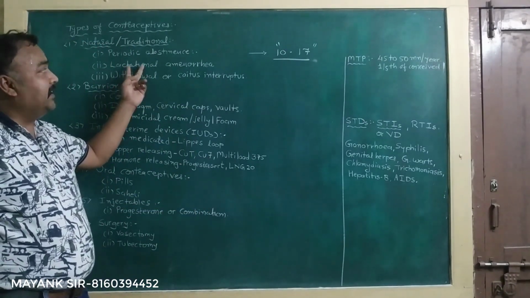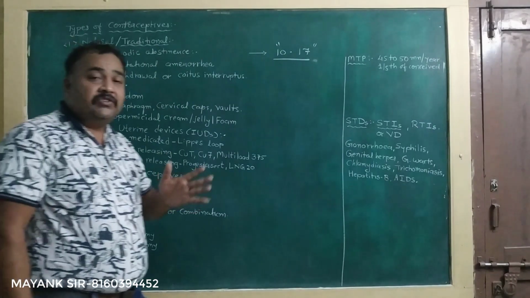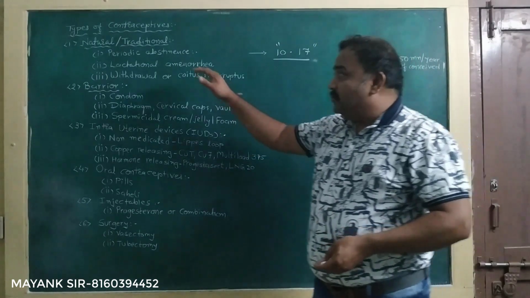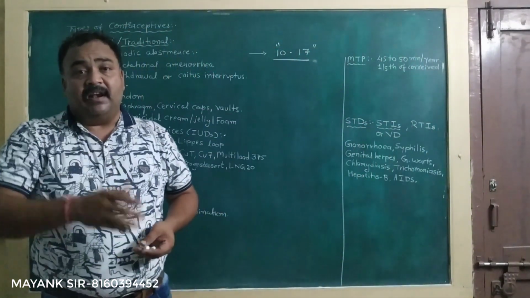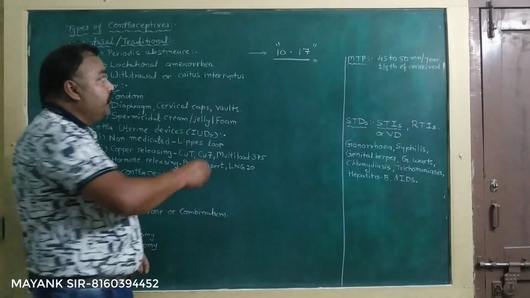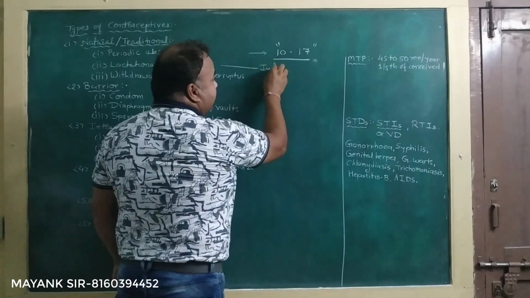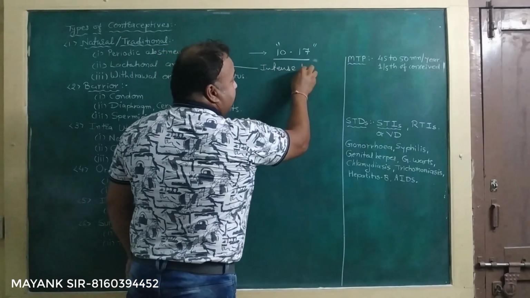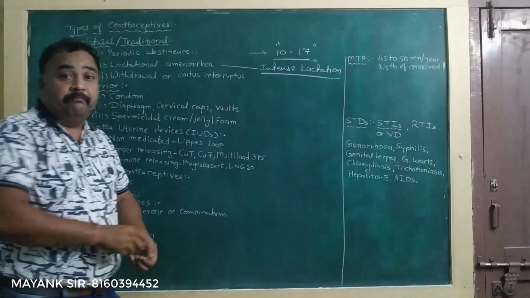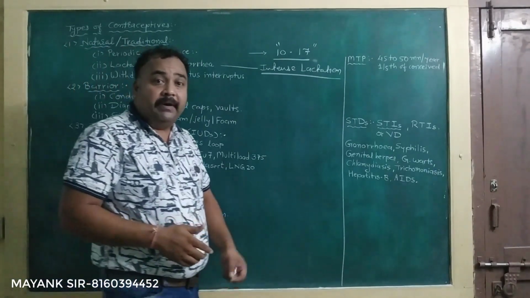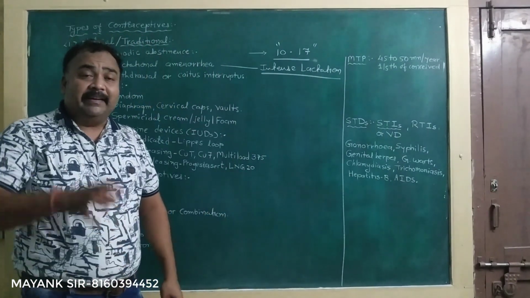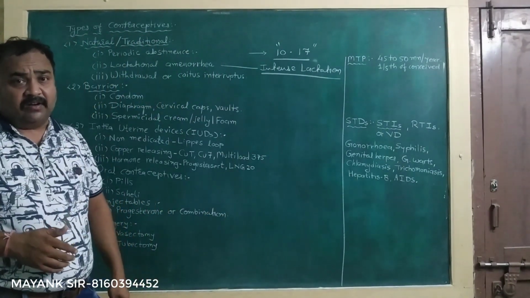Second is known as lactational amenorrhea. Lactational amenorrhea means absence of menstrual cycle, and this will be effective after delivery, that means after parturition, after the birth of a child, up to 6 months, when intense lactation, that means complete breastfeeding by the mother, occurs.